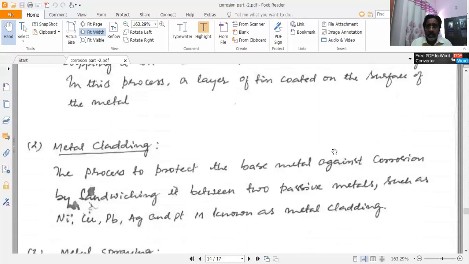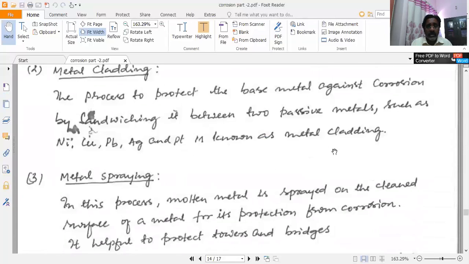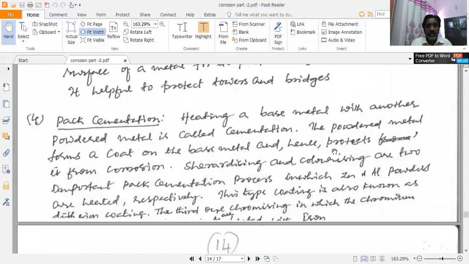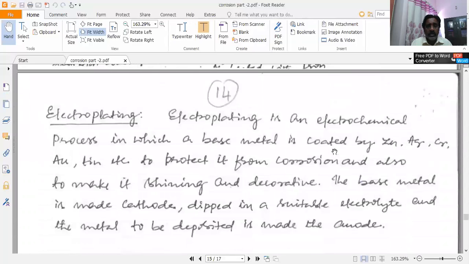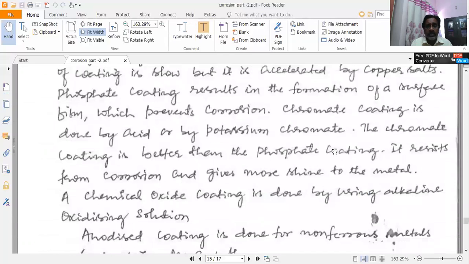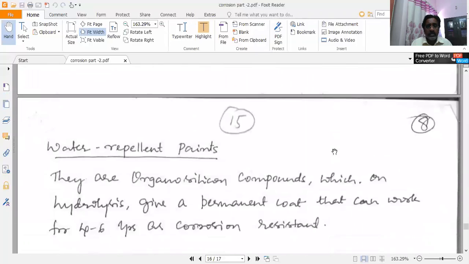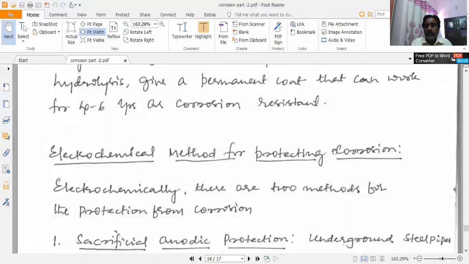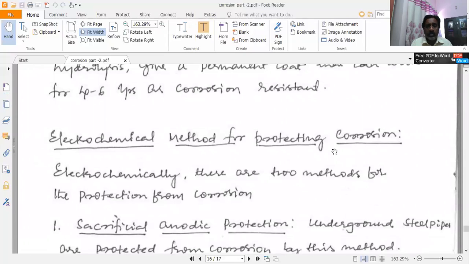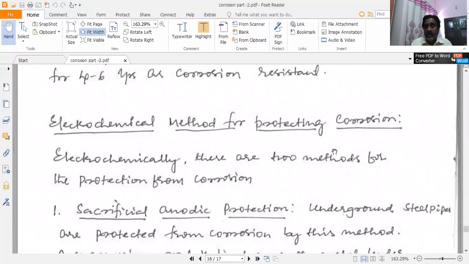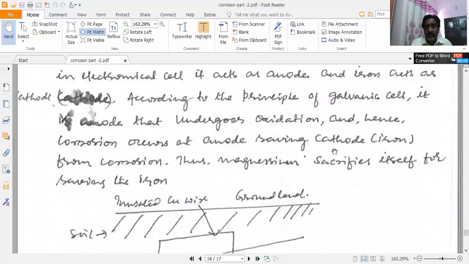We discussed metal cladding, metal spraying, pack cementation, electroplating, inorganic coatings and organic coatings, and also the electrochemical methods for protection from corrosion, in that sacrificial anodic protection, and microbiological corrosion.